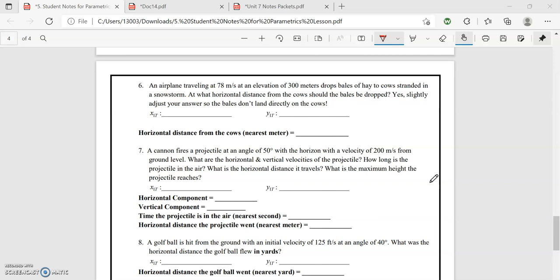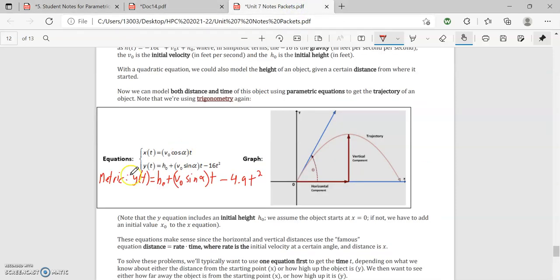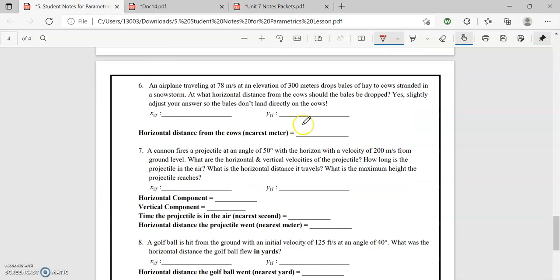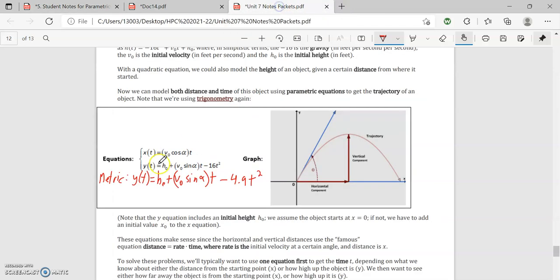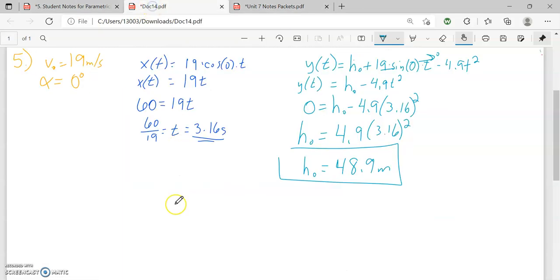Just for starters, we're going to set it up like we do every other single problem, where we have these equations. We are going to be working with metric, meters per second, so you want to keep that in mind. Let's get started.